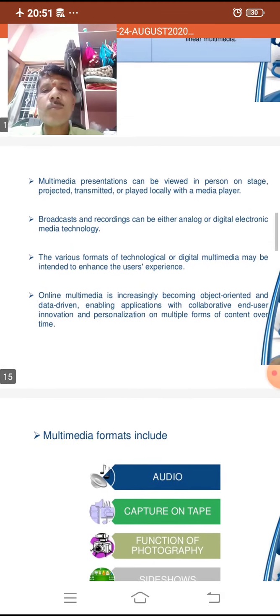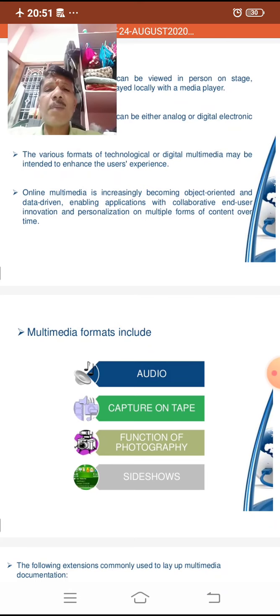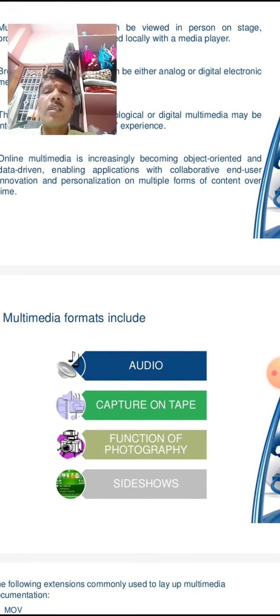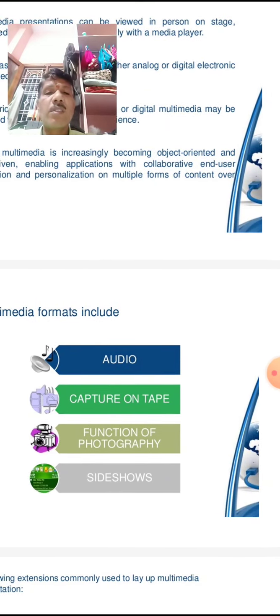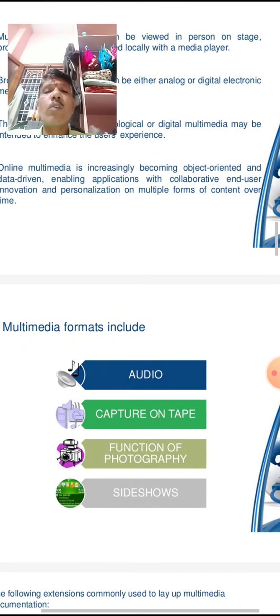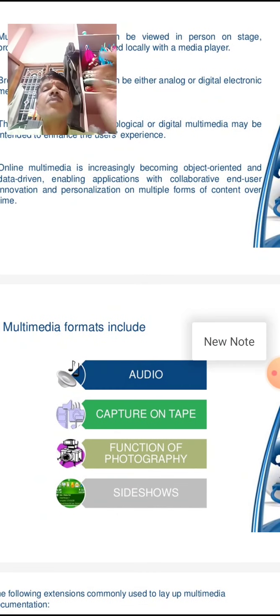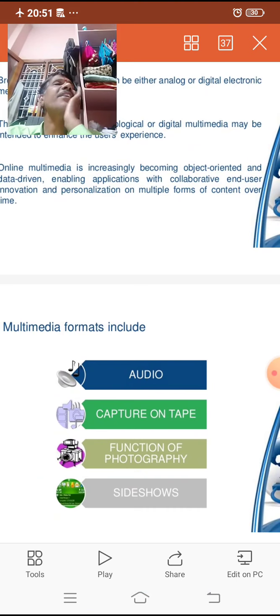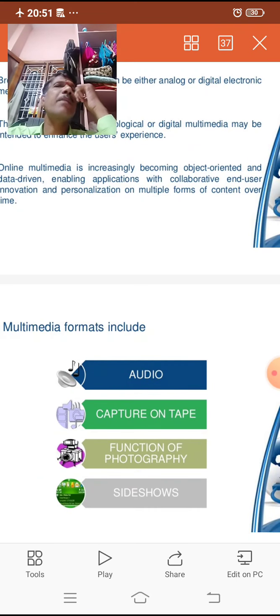Then multimedia formats include audio format, capture on tape, functions of photography, slideshows. In most cases the presentation is more effective if audio is supporting, either direct support or background audio, which is more effective to the users.